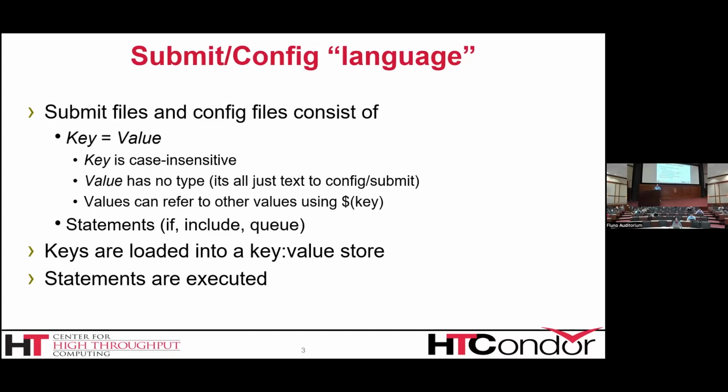The key value store consists of essentially lines that are read from top to bottom. These lines will have one of two things in them. It will either have a key value assignment, which we recognize because there's going to be an equal sign on the line, or it has statements. Anything that doesn't have an equal sign on the line had better be a valid statement, or at some point the thing that's reading this is going to stop and say, I don't know what this word is.